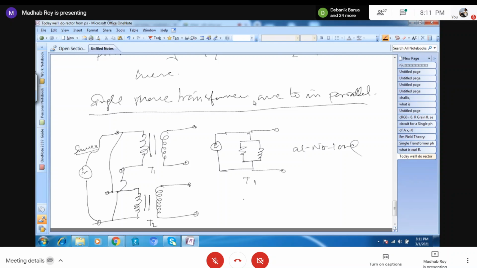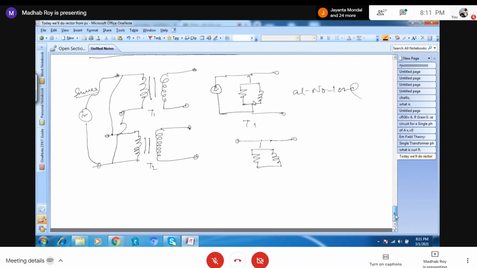Similarly, the equivalent circuit of T2 will be like this. You know what this branch is, I have already described. The same source you can connect, no problem. This is RC1, this is XM1. Similarly, this is RC2, this is XM2.